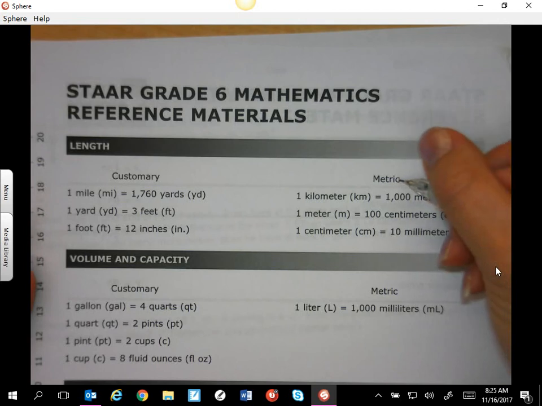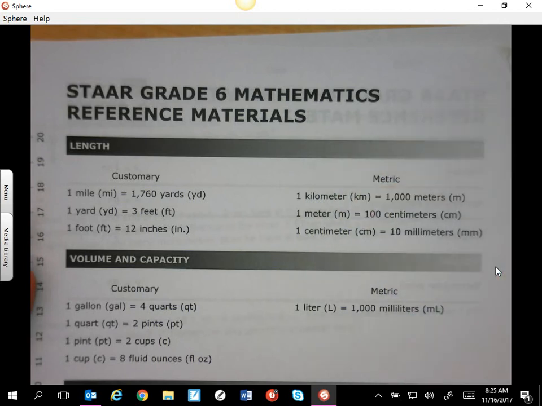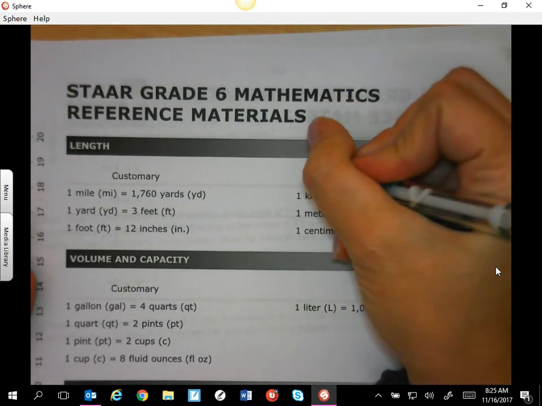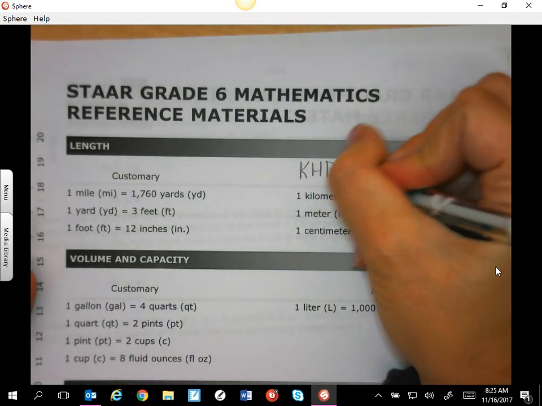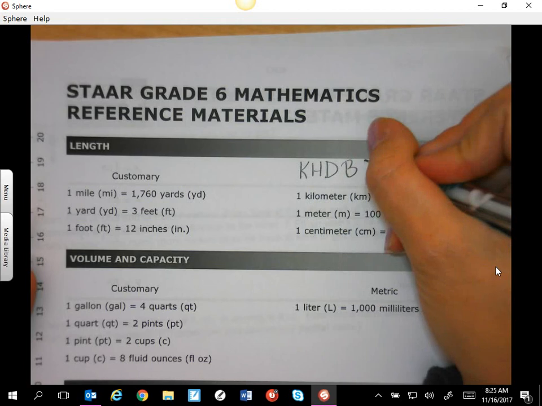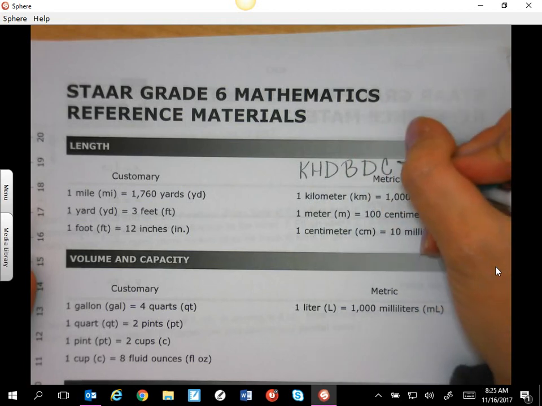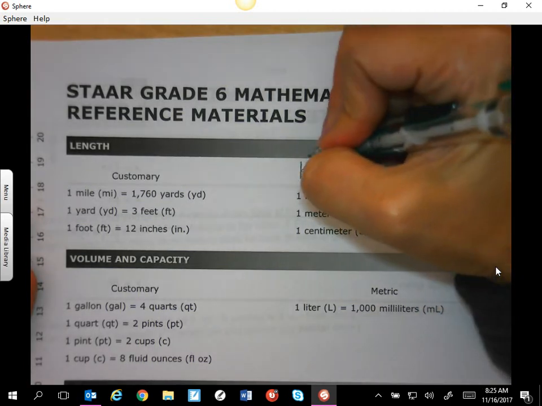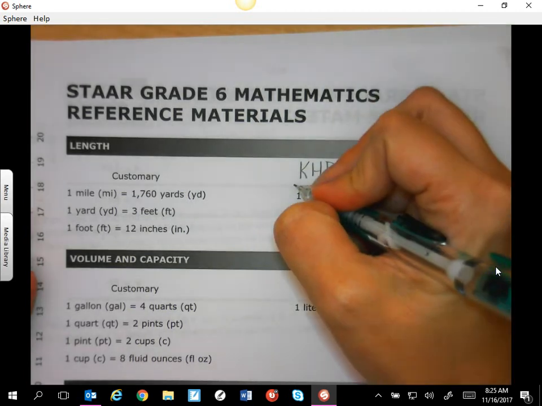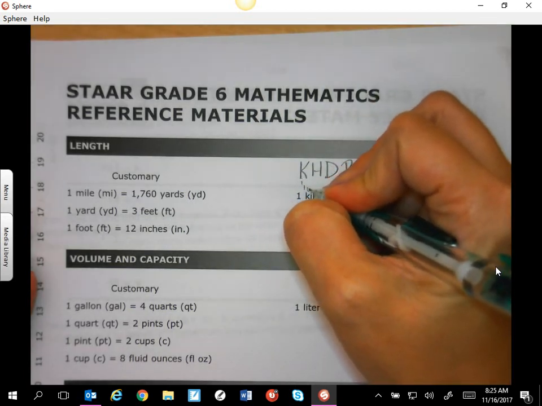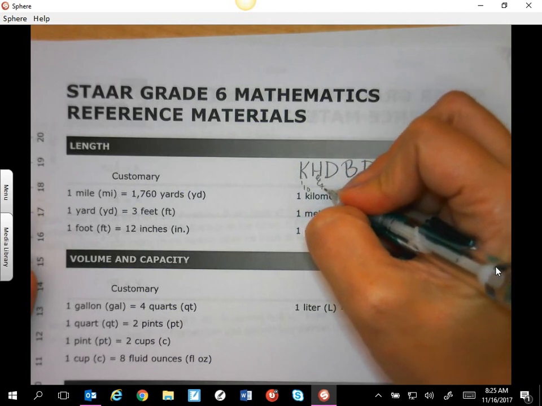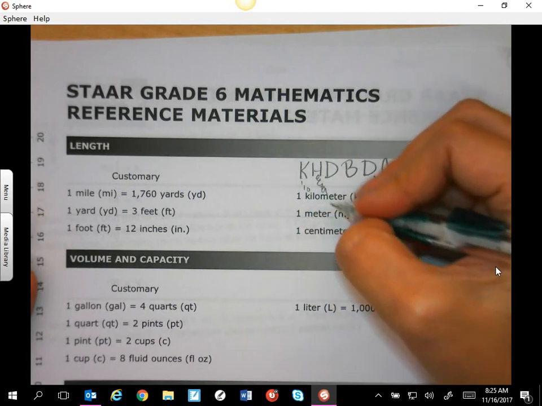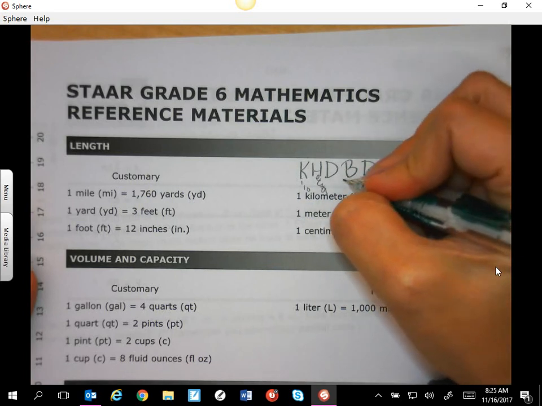There is a shortcut for you to remember metric units. King Henry died by drinking chocolate milk, where K is going to be kilo, like kilometer. Hecta, I believe, is H. We don't use that one very much. Deca, which is a form of 10.